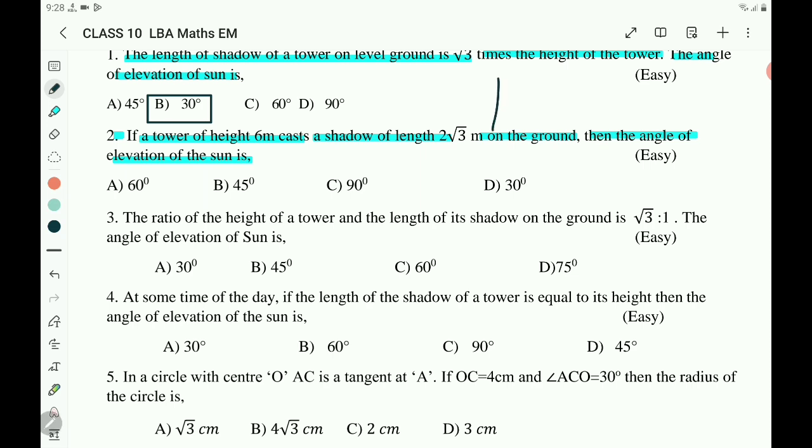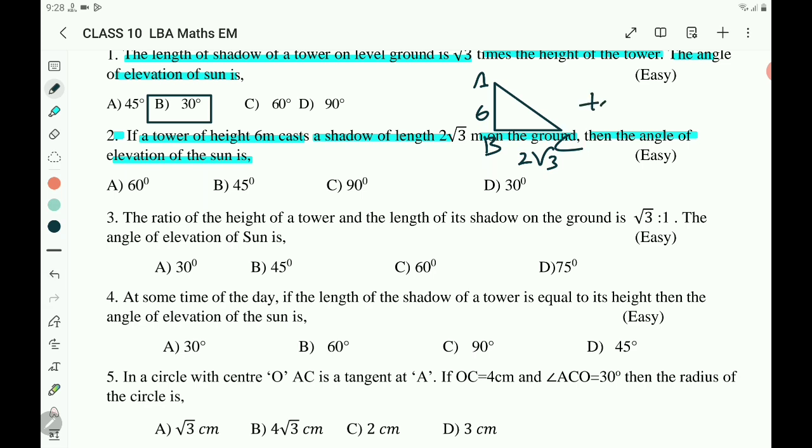Let us have the same figure here. Consider ABC as a triangle. The height of the tower is 6 and the length of the shadow is 2 root 3. Again here we have to find out C.